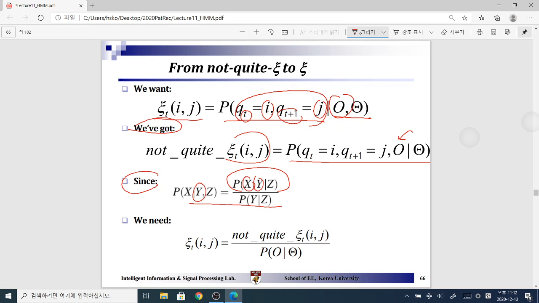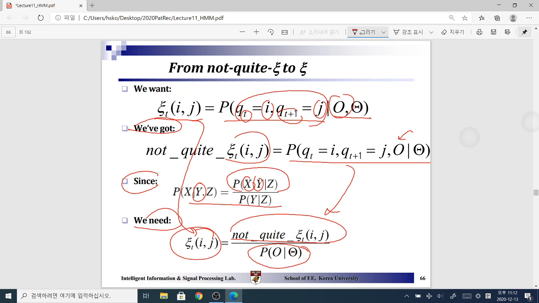So therefore, what we need in order to make this happen is to divide the not quite psi by the probability of the observation sequence. So in order to obtain the transition probability, all we need to do is to put this up here in the numerator, and then divide it by the probability of the observation sequence.